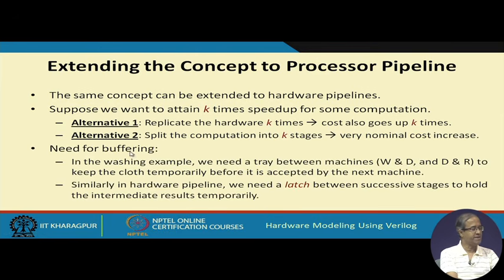But one thing is required which you have not considered. Consider the washing example. Suppose there is a washing machine, there is a dryer. Suppose the washing machine has finished with a cloth, but the dryer is not yet ready, it is still drying the last cloth. So, that cloth has to be temporarily put in some kind of a tray or a buffer.